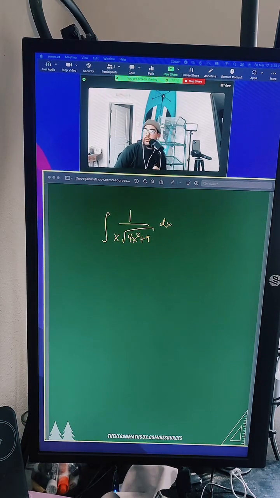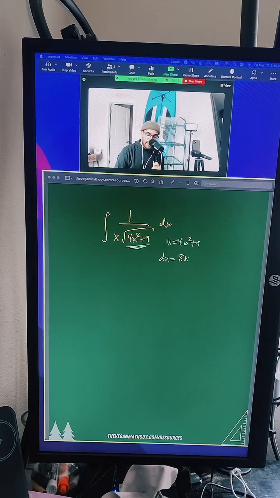Okay, looking at this, what do we suggest? What should we do in order to solve this? We have 1 over x root 4x squared plus 9. Someone said u sub. Let's try u sub, because I don't even know if that's correct or not. So we make u equal to 4x squared plus 9.